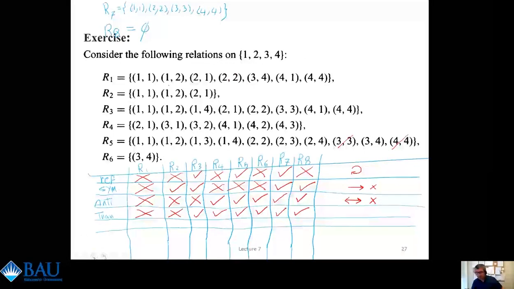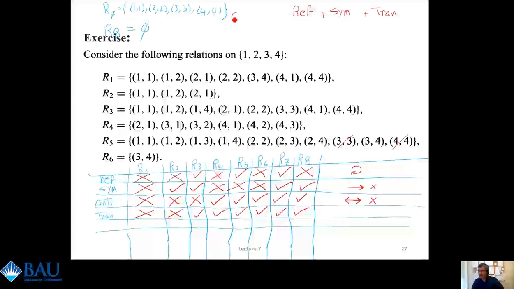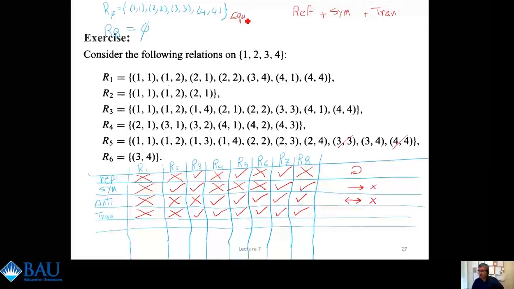Let me write it. If it's reflexive plus symmetric plus transitive, we call it equivalence relation.